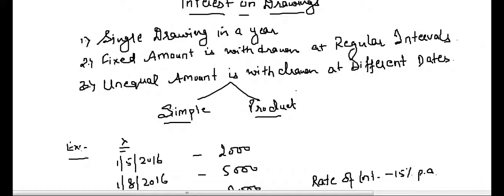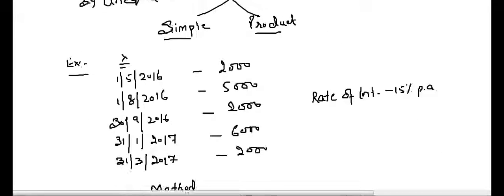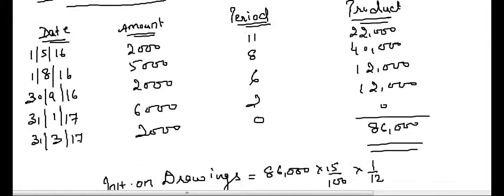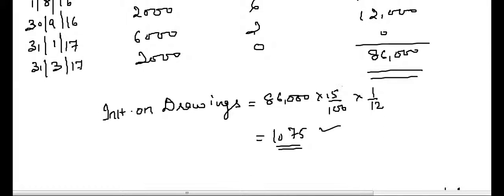Simple method, calculate interest on drawings on individual drawings, right? Product method says multiply the amount of drawings with the period for which that amount is going to be used and then total of the product. On that total we will calculate the interest for 1 month. Clear?